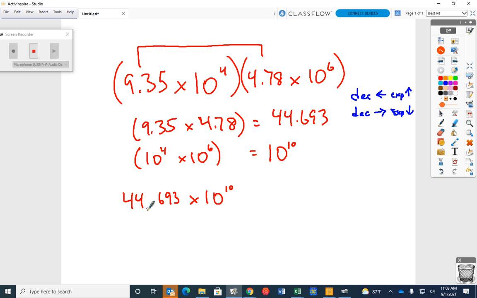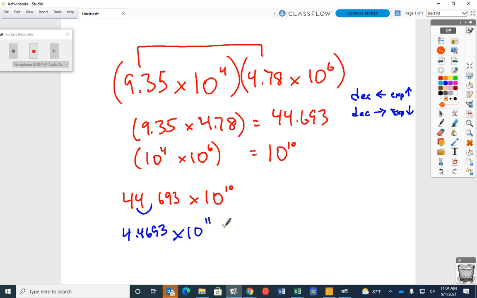Well, I need this to not be 44.693. I need it to be 4.4693. So where does this decimal have to go? To the left. How many spots? 1. If I went over 1, my exponent has to go up 1. So this is going to be times 10 to the 11th power. Pretty simple, right?